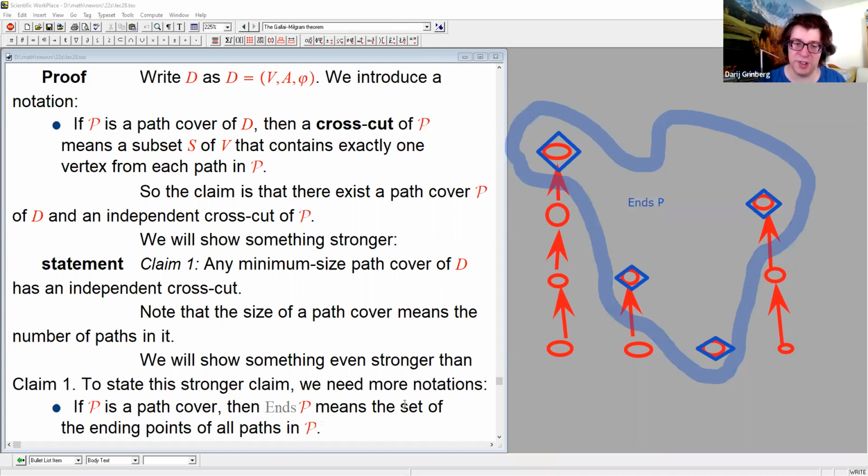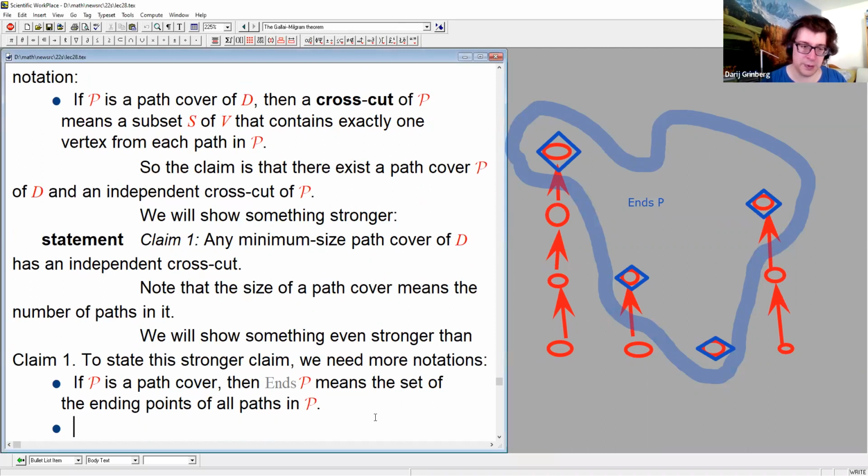And the paths, I will soon give them names, but I don't need this so far. So note, of course, that the number of those ending points is the number of paths, because the paths have no vertices in common.